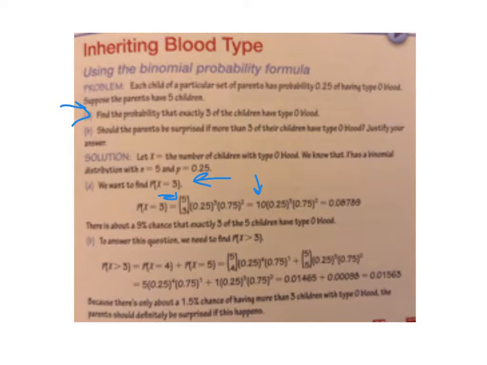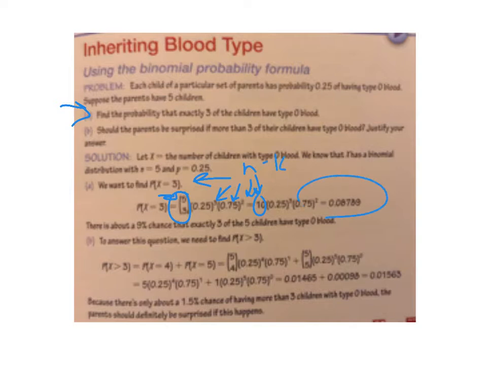In my formula, it is my number of arrangements, which is this binomial coefficient here, or 10, multiplied by my probability to the k, so however many successes I'm looking for, so 0.25 to the third power, multiplied by 1 minus, so my failures there, to the second power, which is because of n minus k.